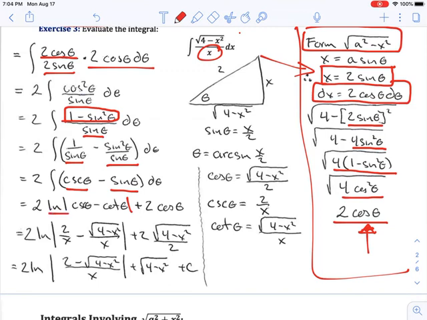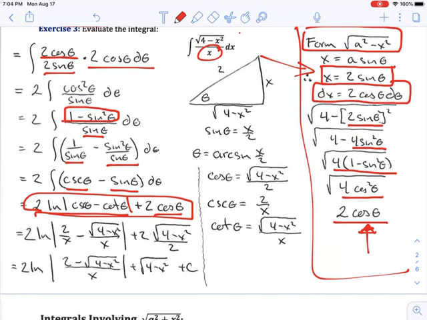This is just a given integral that should be in the list of integrals that you memorize. The antiderivative of sine is negative cosine. And distributing through the 2, we end up with our antiderivative.